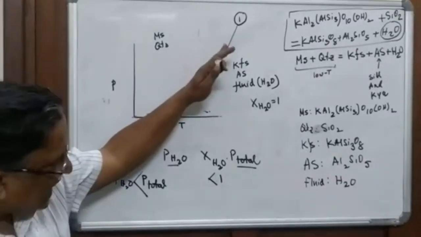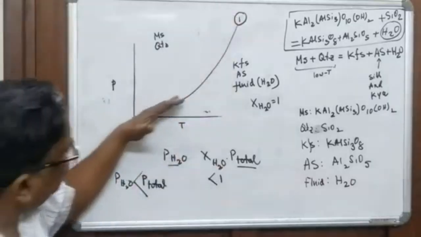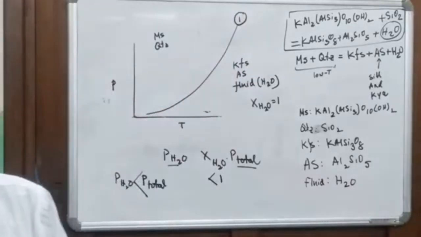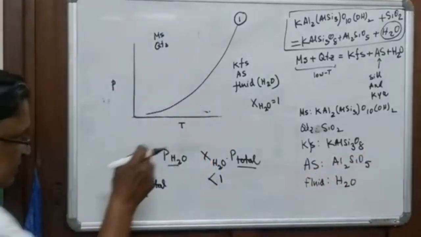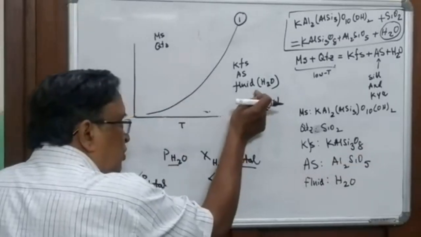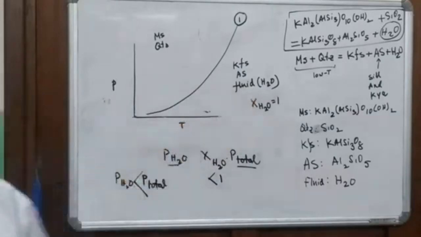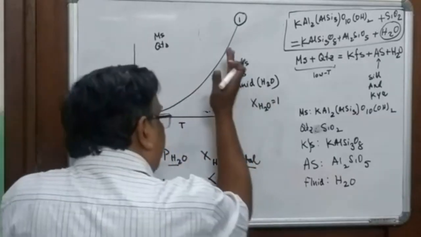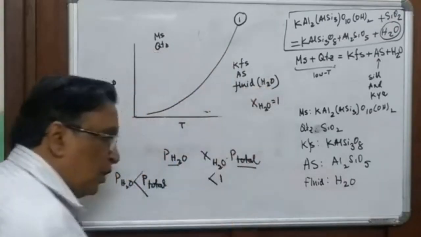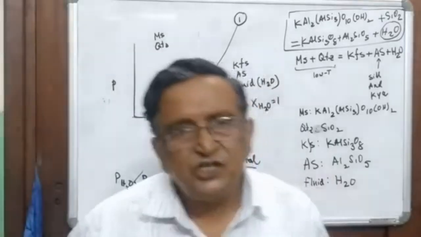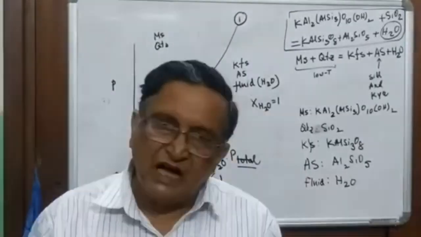The PT locus of the reaction would shift to the left, in a direction opposite to where H2O occurs. So the reaction will move in a direction opposite to where fluid H2O occurs. This follows from Le Chatelier's principle, which you studied in school, or the law of mass action.